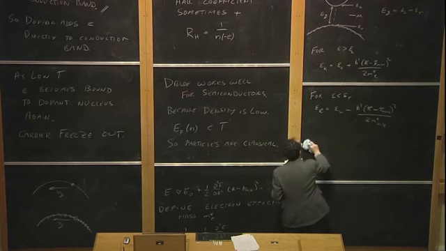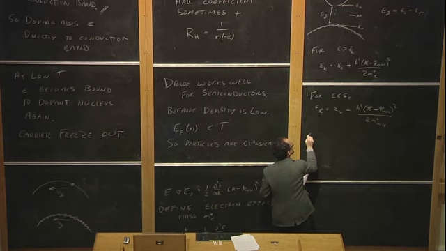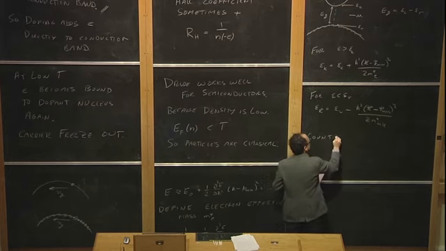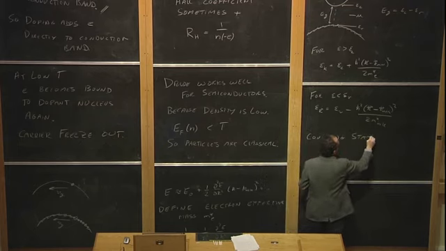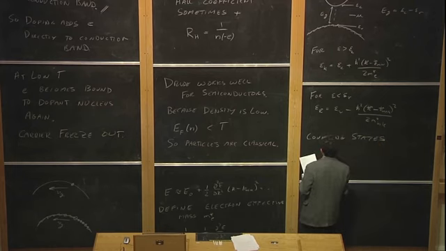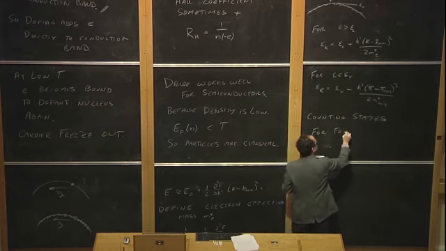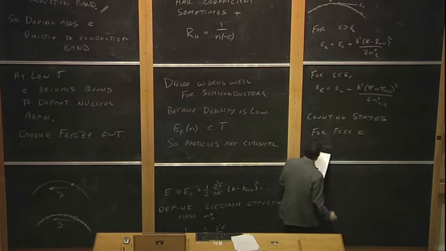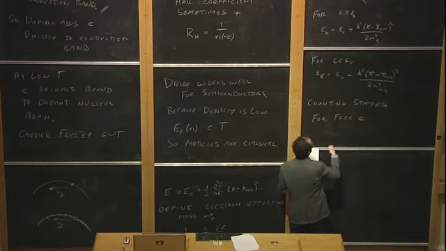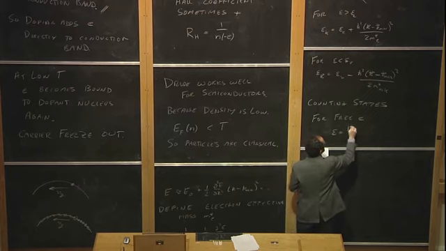And then we have to think about counting states. So counting states. And we'll think back to when we did Sommerfeld theory for free electrons. For free electrons, our energy was E equals h bar squared K squared over 2m.